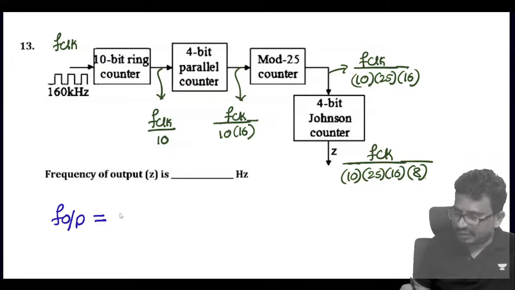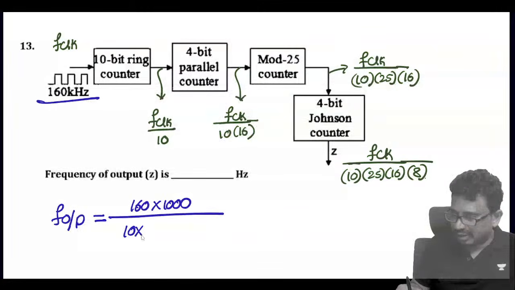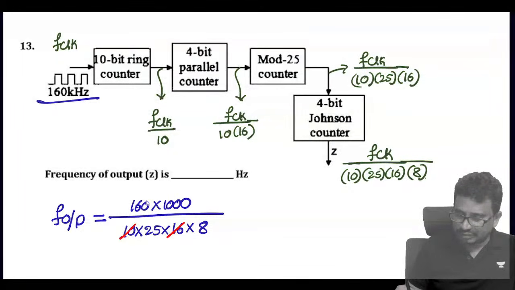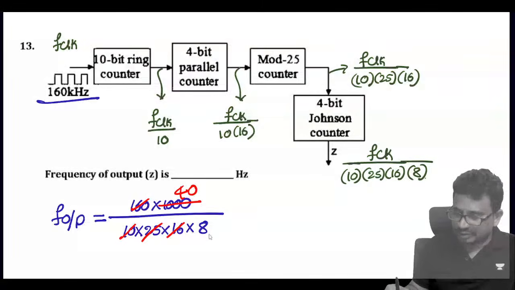Output frequency will be the input frequency, 160 given, 160 kilo, that is 1000, divided by how much now here? 10 into 25 into 16 into 8. So check for cancellations. This 160 will get cancelled. 25, 4 into 0. 8 5s now. So that's why 5 Hz.